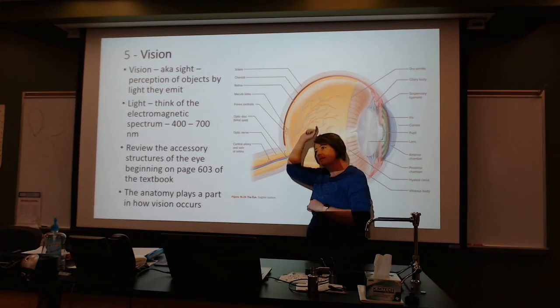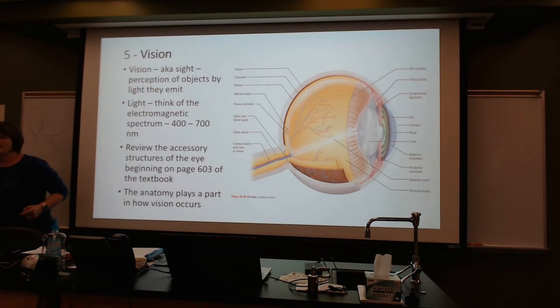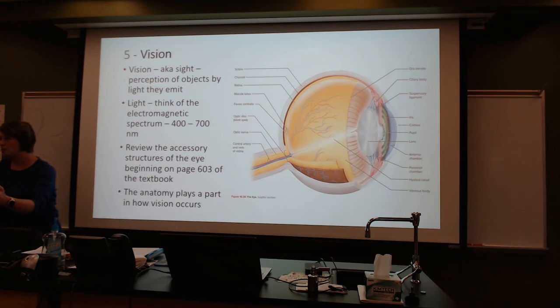And if that's the area that contains the pit for my detailed images, what is happening to people who have macular degeneration? It's breaking down and losing its ability to process images. Yeah, distortion of images. Yes, you're not going to see detail.